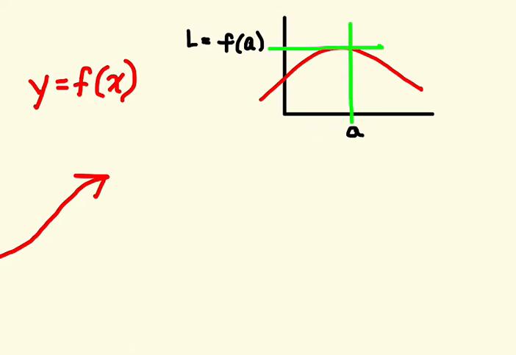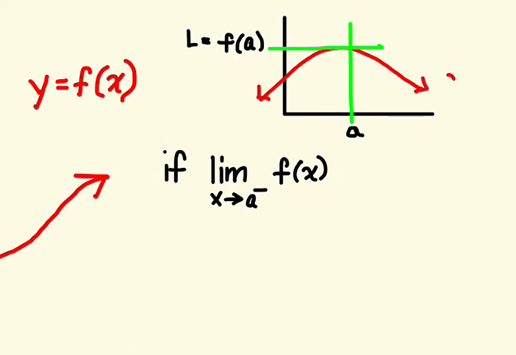For a limit to exist, we say the following: if the limit as x approaches a from the left of our function f of x, and this is our function f of x right here.